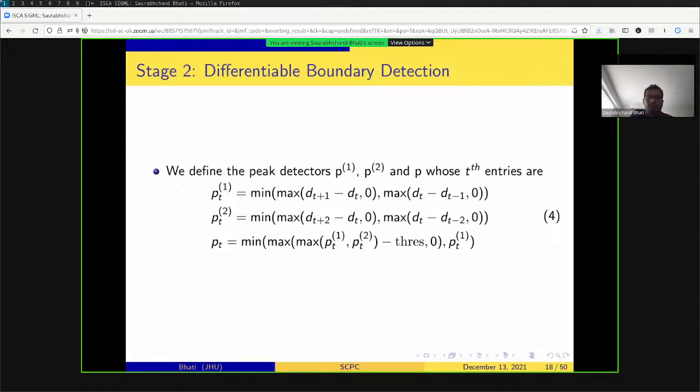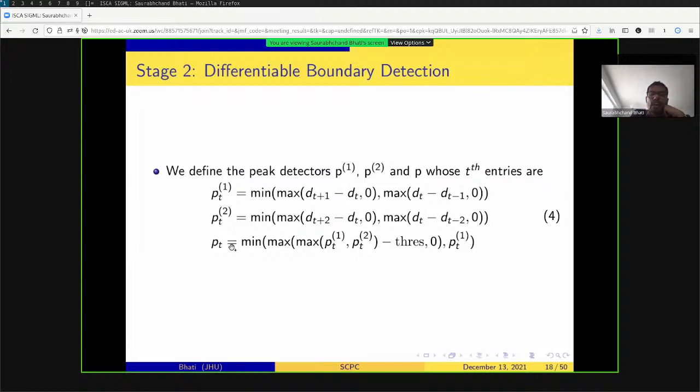It basically combines them and checks if they are more than this threshold, which is usually fixed. We can also learn it, and I'll talk about how the value of this particular threshold affects the final performance of both phone boundaries and word boundaries.